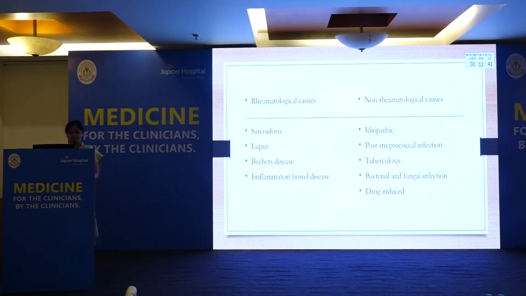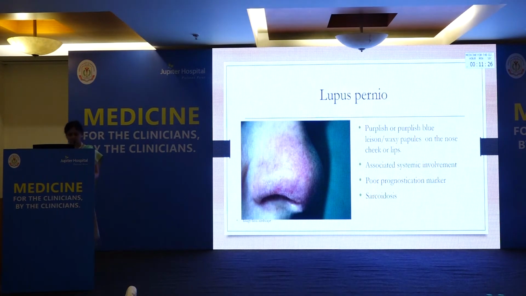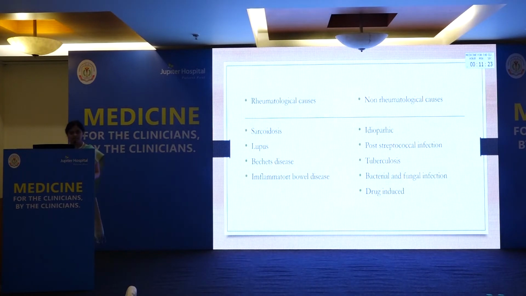The other causes are post-streptococcal, tuberculosis, different bacterial and fungal infections and various drugs, and infectious causes are more common causes of erythema nodosum. The importance of erythema nodosum in sarcoidosis is that it is supposed to be a good prognostic marker if we see this kind of rash in sarcoid cases.